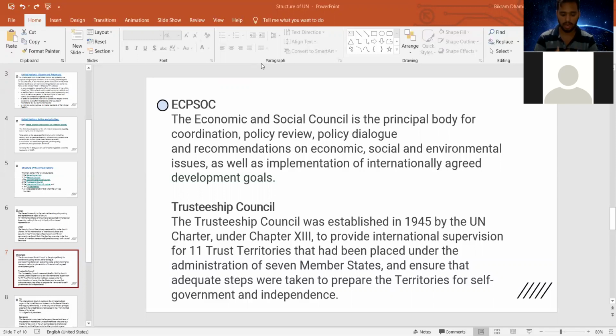Its main purpose was to decolonize those nations and establish self-governance and independence in them.